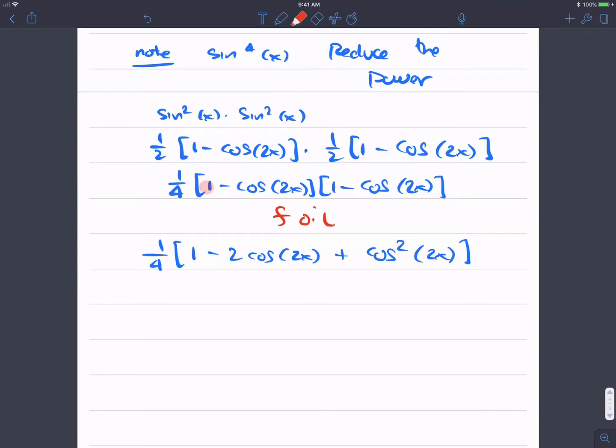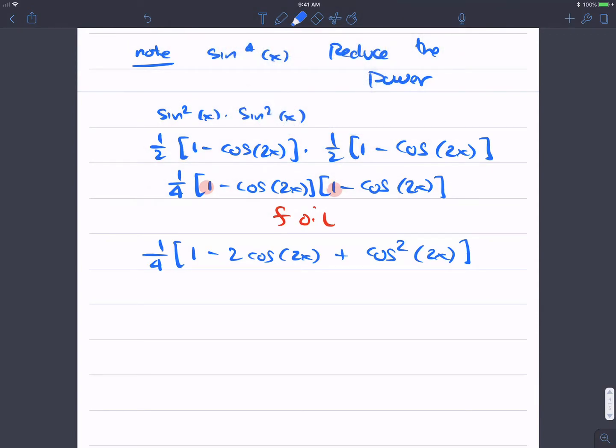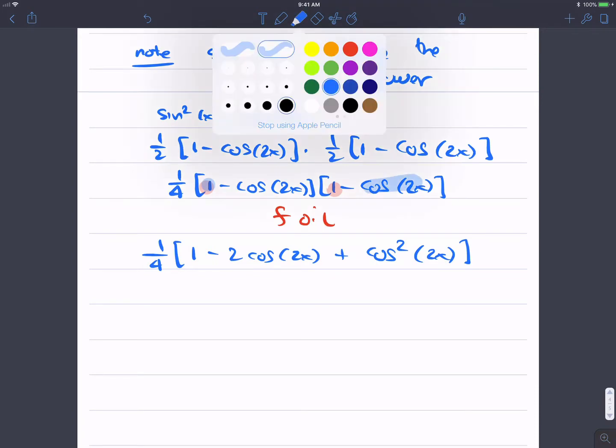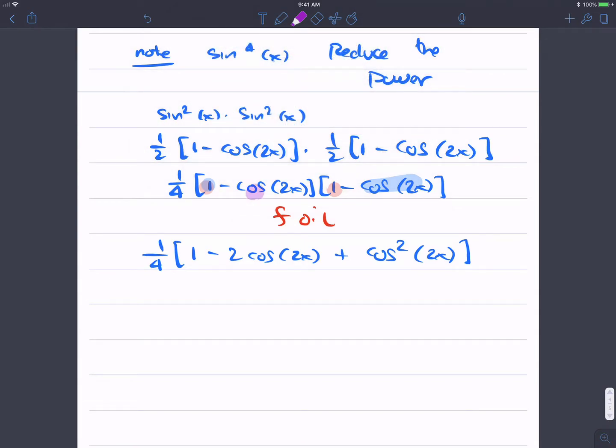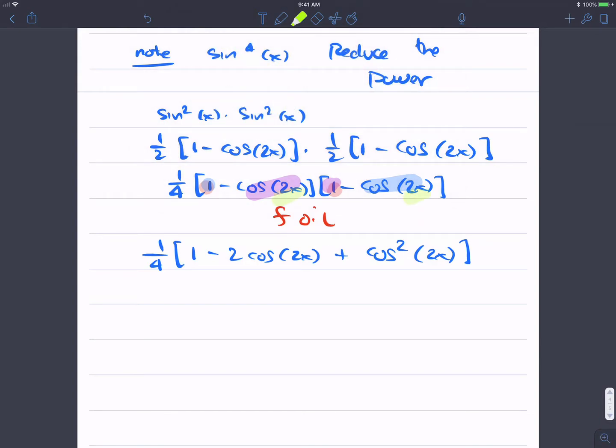So remember, you're multiplying the first terms here, and then the outer terms, and then the inner terms, followed by the last terms. And this doesn't look like it's working out as nice as I wanted. Anyway, those are the last terms. Okay, you guys got the picture.